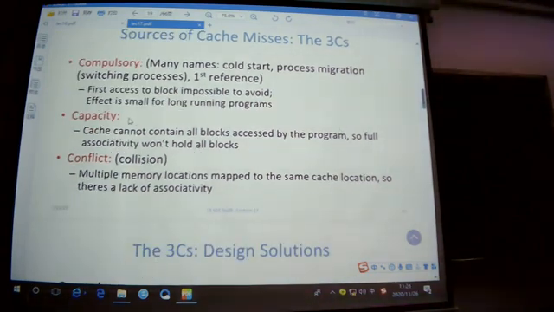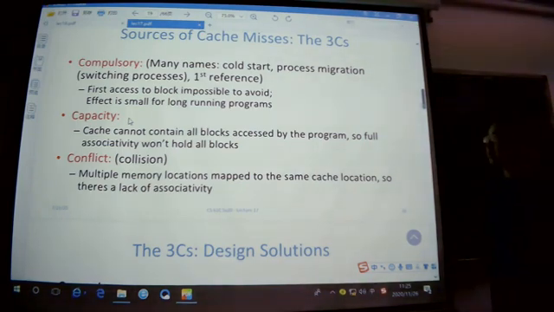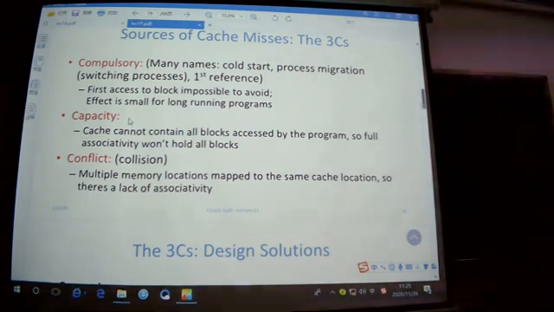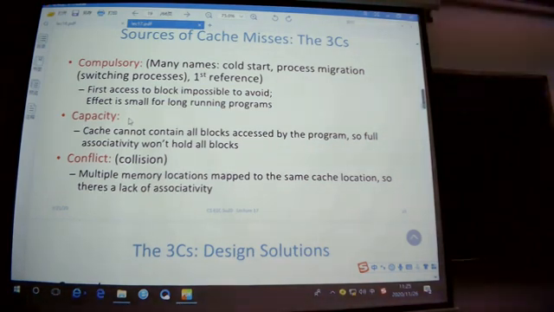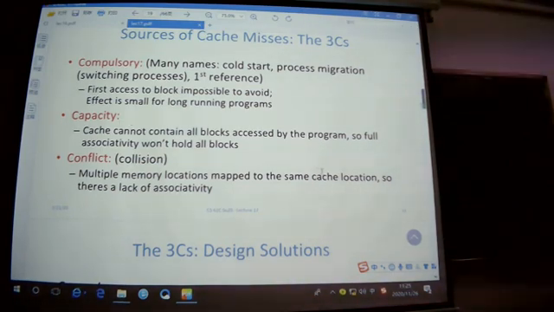Capacity: the cache cannot contain all blocks accessed by the program, so even full associativity won't hold all blocks. Conflict: multiple memory locations are mapped to the same cache location, so there is a lack of associativity.